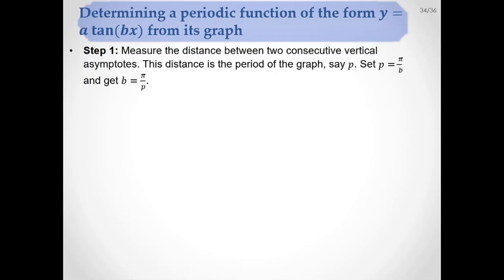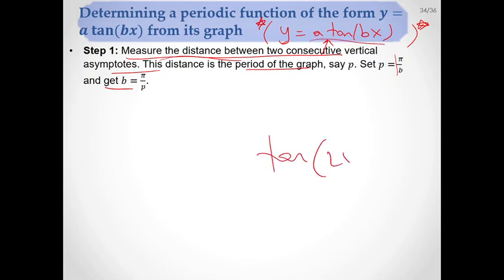Now, the first step is you will find the period. Our assumption is important in this type of thing. When we teach you the steps here, we assume the graph is this type of function. These steps we teach you just to find this type of function. In general, it doesn't have to be like that. Someone can give you a graph, something like this, with a -5, and definitely we don't take this -5 into account.